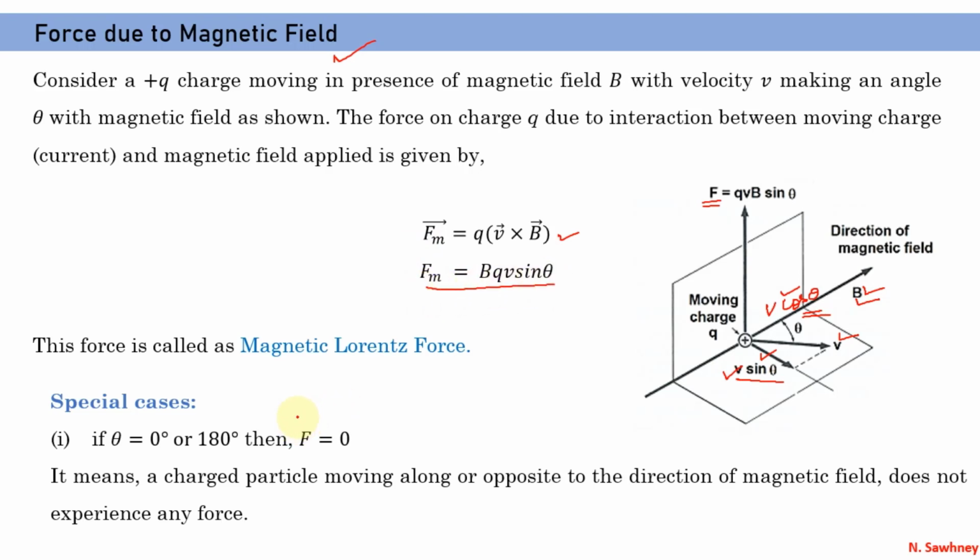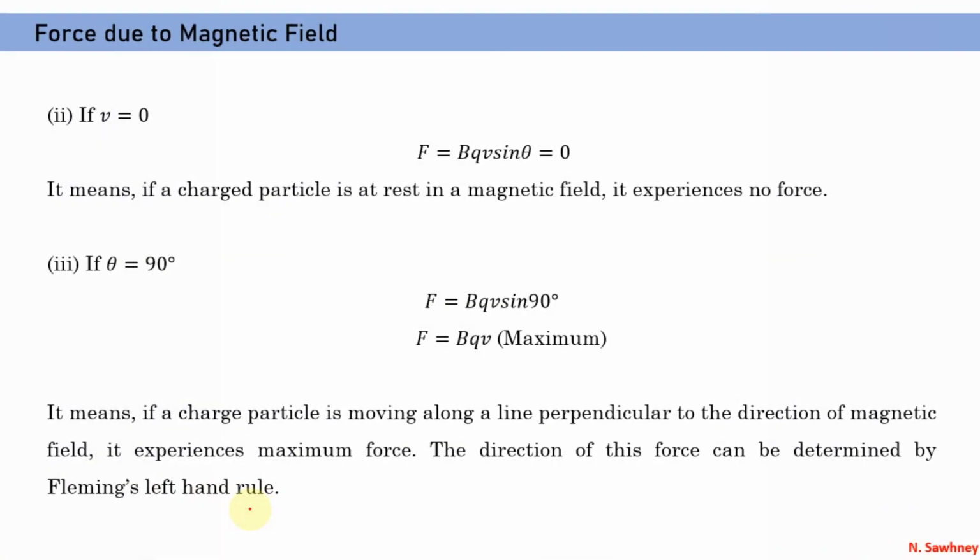There are special cases. If this theta is 0 degrees or 180 degrees, then the force will come out to be 0. It means that a charged particle moving along or opposite to the direction of the magnetic field does not experience any force. And if V is 0, that is velocity is 0, or you can say the charged particle is at rest, then also it will experience no force.